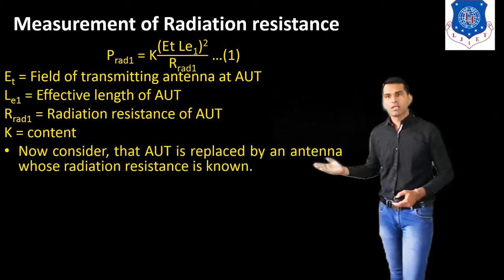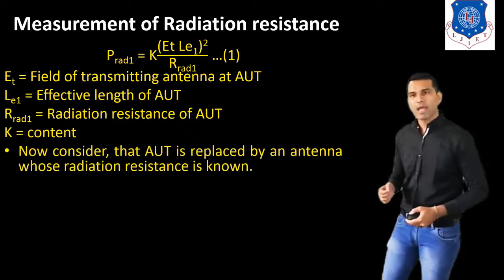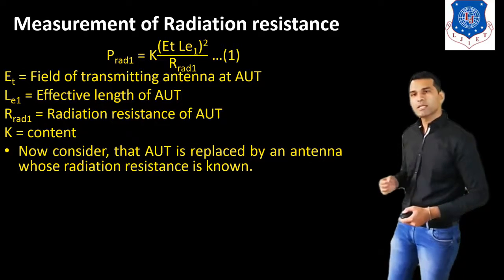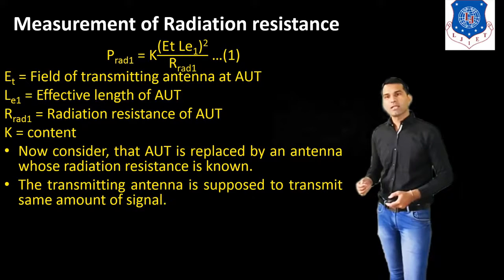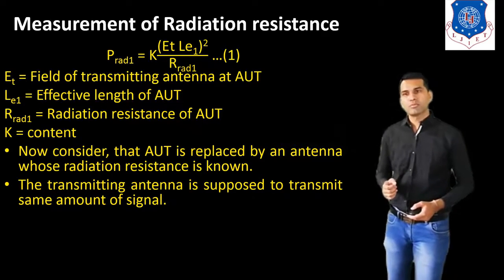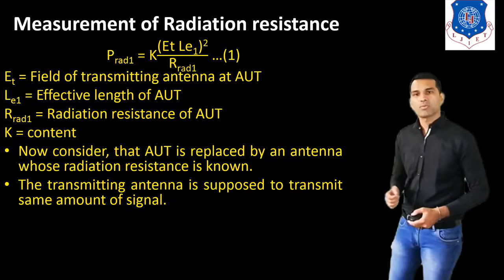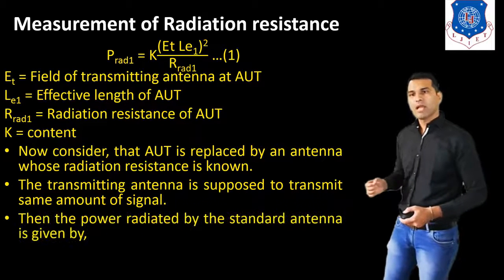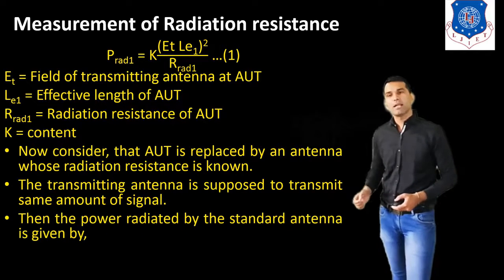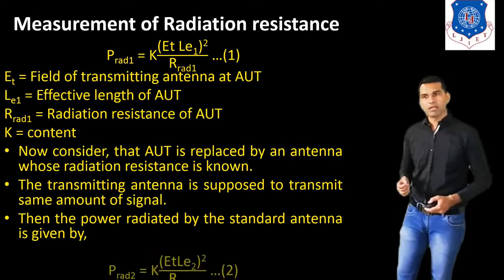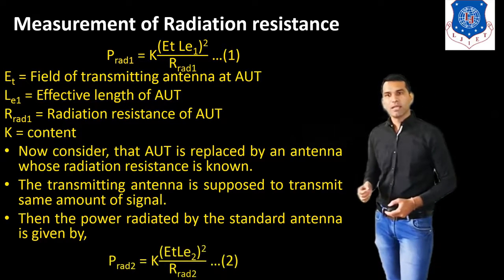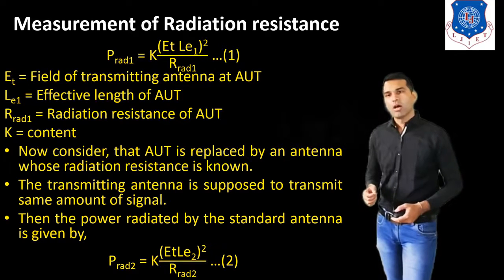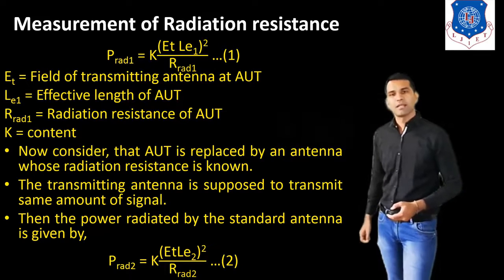Now consider the AUT is replaced by an antenna whose radiation resistance is known. The transmitting antenna is supposed to transmit the same amount of signal. Then the power radiated by the standard antenna is given by P radiate 2 equals K ET LE2 squared upon R radiate 2.